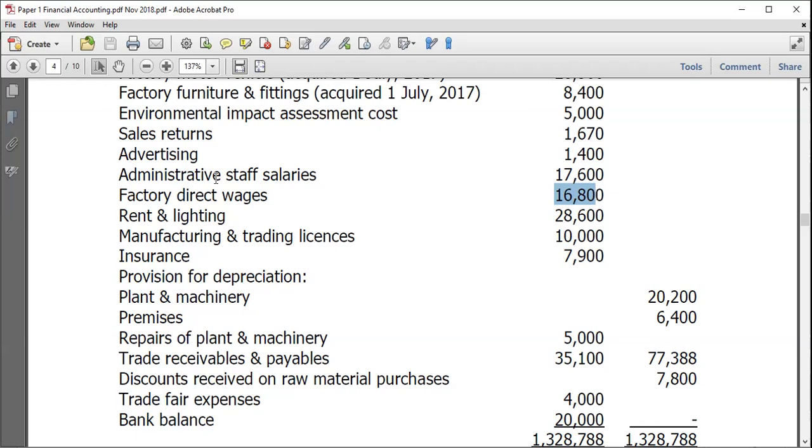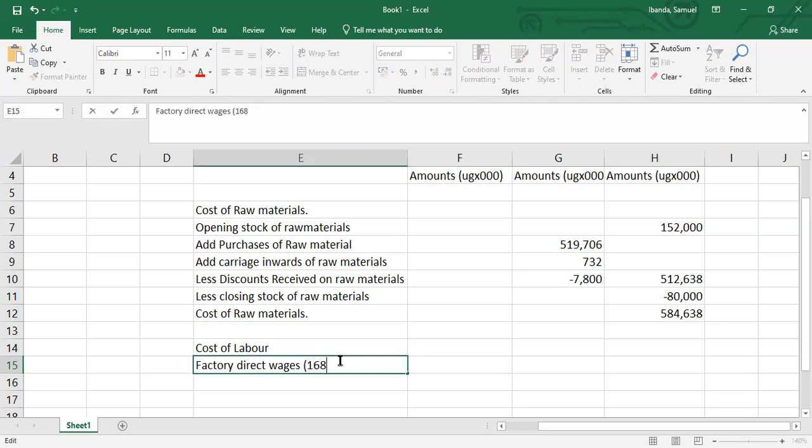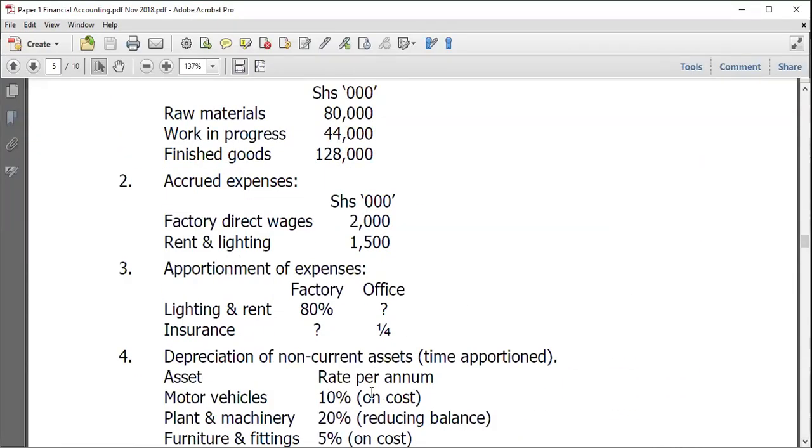So when I'm going to take this within my workings, here I'll put factory direct wages, and what I'll basically do is add up. I have the 16,800 plus the value that we had in the accrued, which was 2,000.